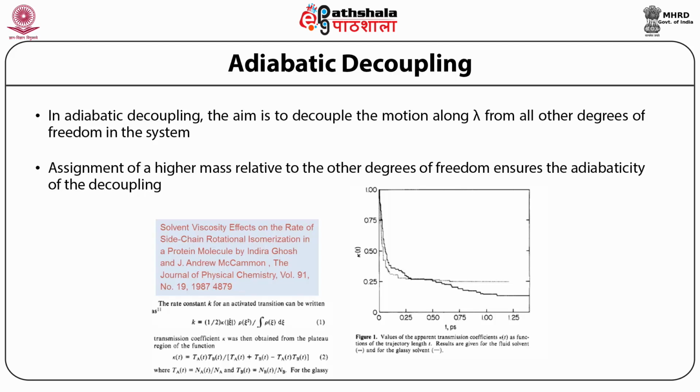We achieved this quite a long time back, with all the functions shown in this paper, and the plot shows it is as if the viscosity of the medium has gone up and things have slowed. This is an example of how to find the rate constant at different transition states, and this is the application of adiabatic decoupling.